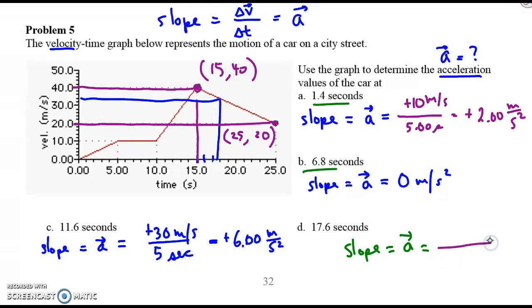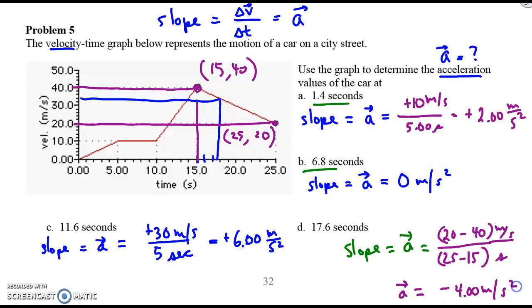When I do my slope formula, I do y2, 20, minus y1, divided by x2, minus x1. Remember, the numerator is in meters per second, and the denominator is in seconds. And this is going to give me 20 divided by 5, except it's negative 20 up top. So that's negative 4 meters per second squared.